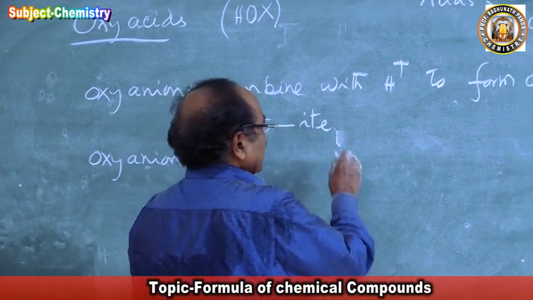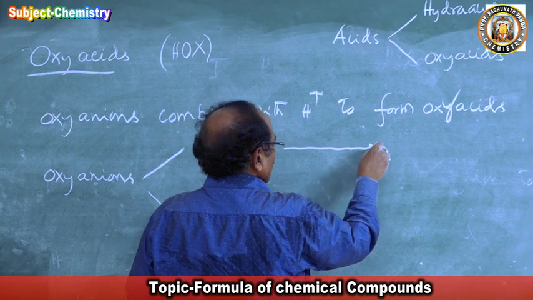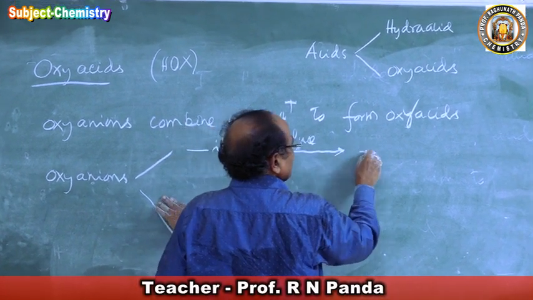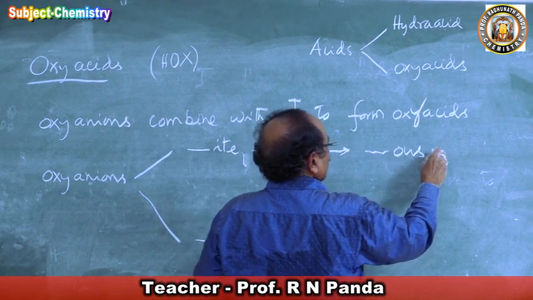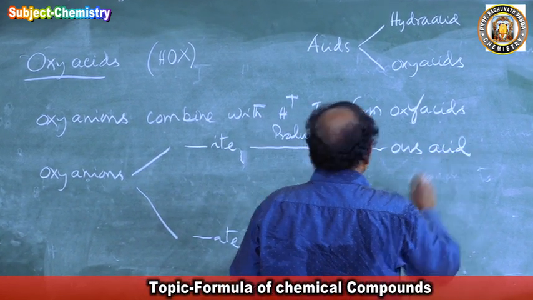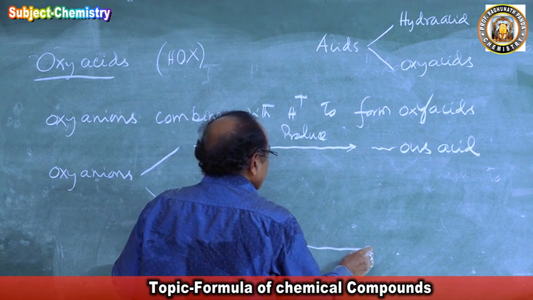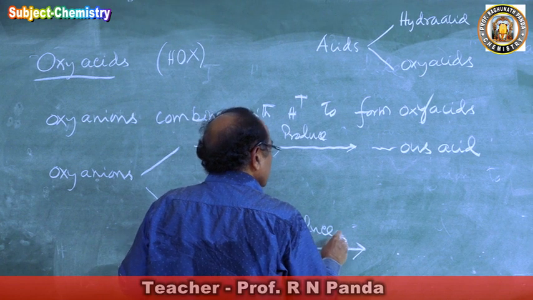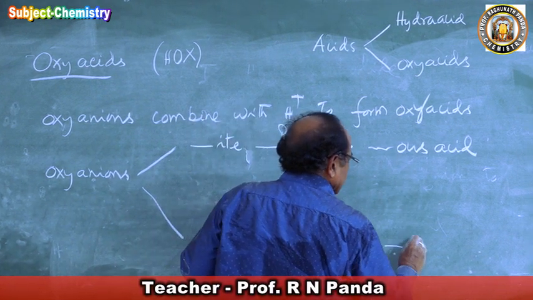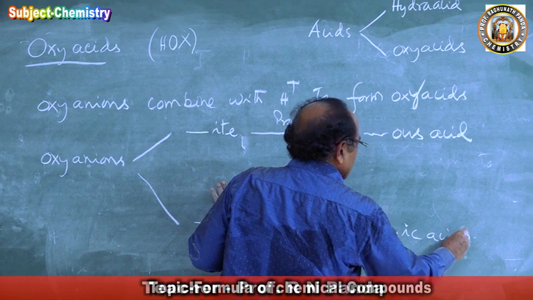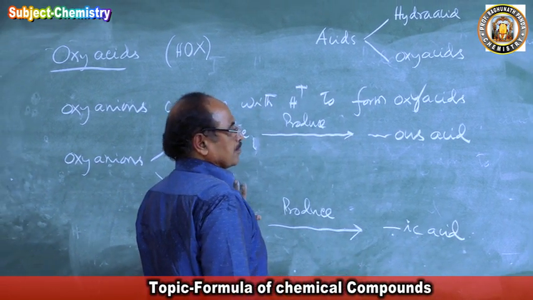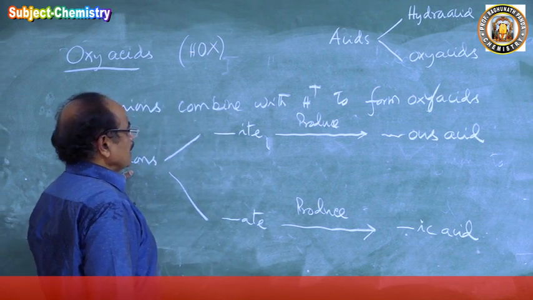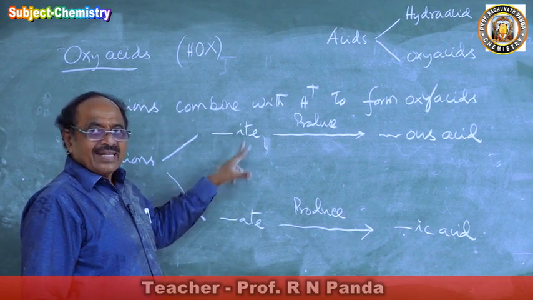So this ITE radical produces OUS acid, and ATE radical will produce IC acid. So oxyanions are of two types, ITE and ATE.